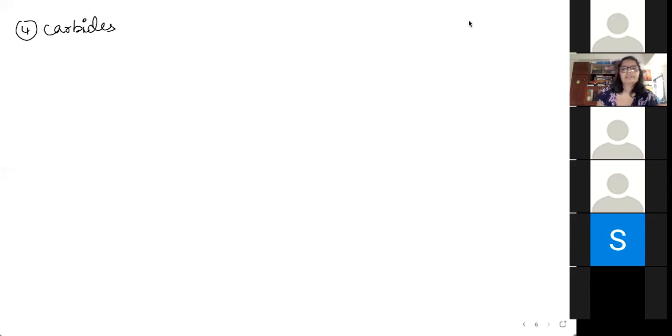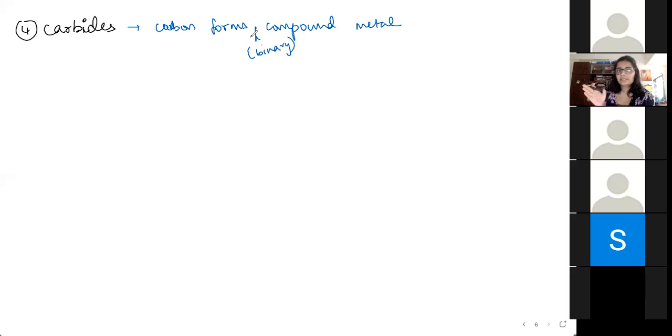So carbides are basically when carbon forms a compound with metal. Let's say it forms a binary compound with metal. Binary matlab it's simply a compound between carbon and metal.